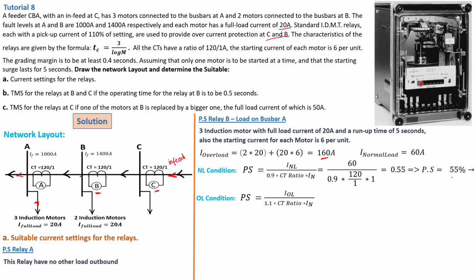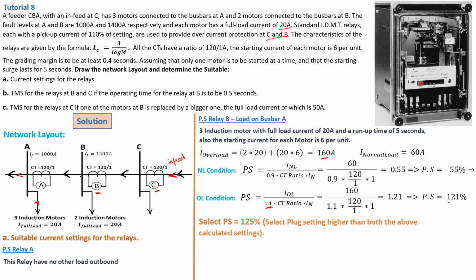Then we can go for the overload condition. Now remember the 1.1 here is the 110% setting for the pickup current. So that is where the 1.1 comes in. And then we can go ahead and calculate that as well. Now the I overload is 160. Then we've got 1.21. Then we can have a plug setting of 121%.